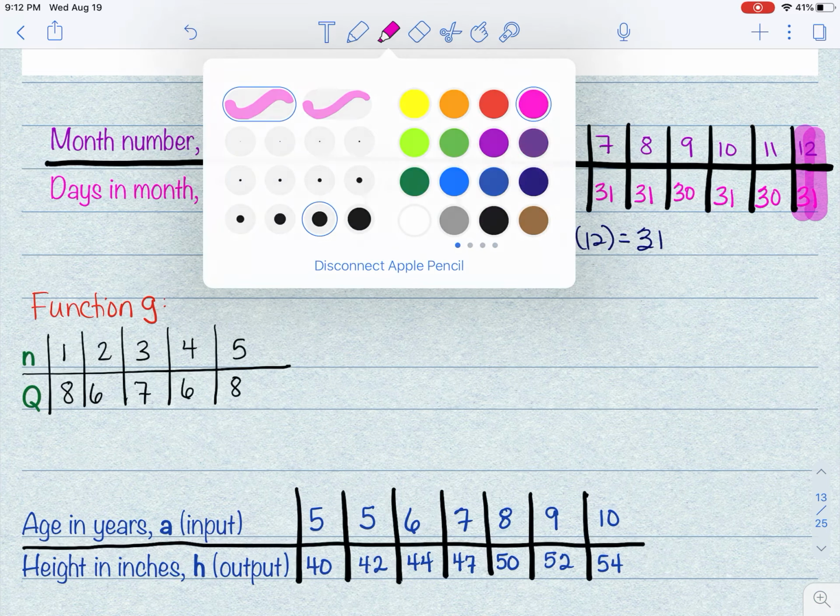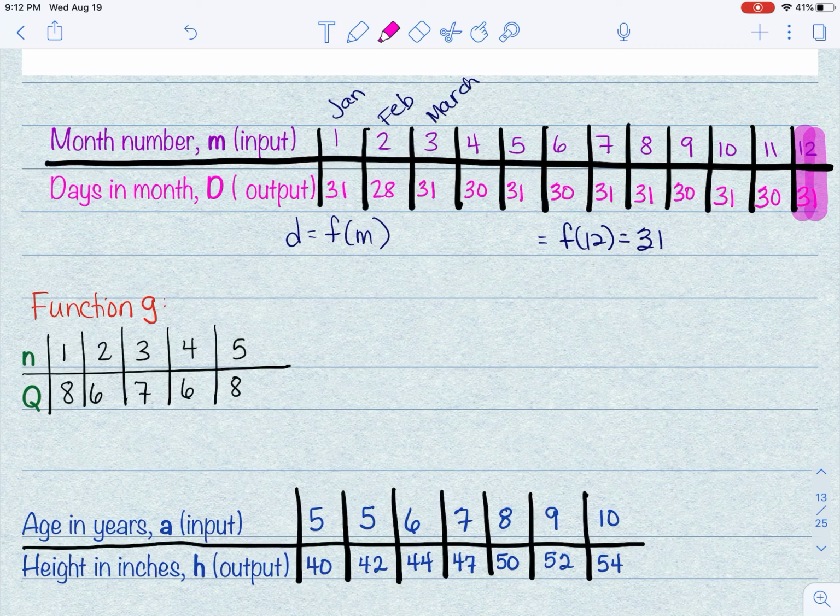If someone asked you, is this a function? Because technically, just because it's set up as a table of values which represent ordered pairs, that does not mean that it is a function. So let's just go ahead and check. So January always has 31 days. February always has 28.